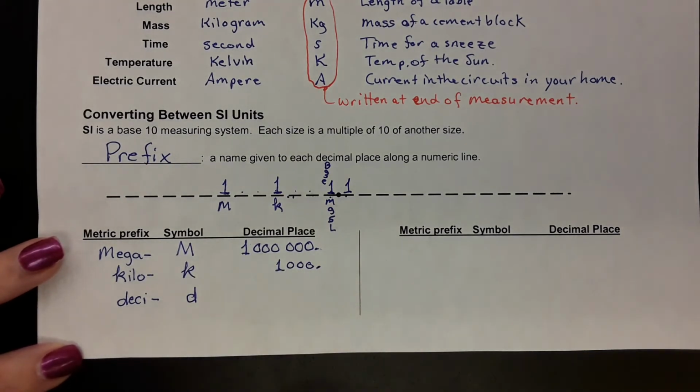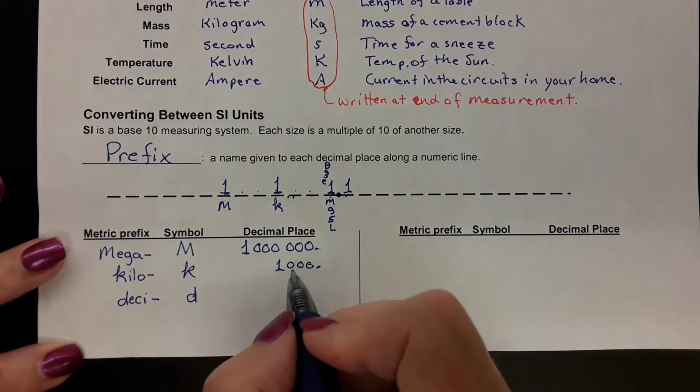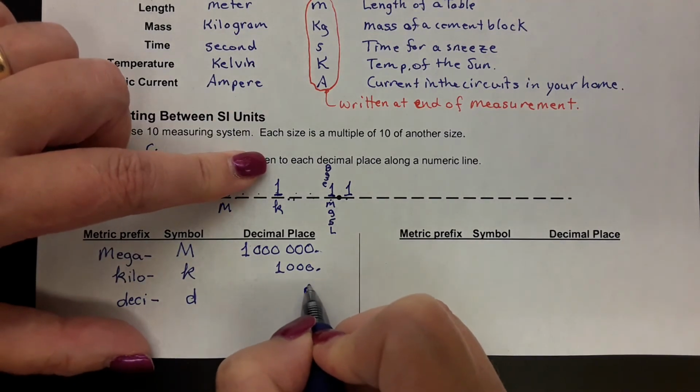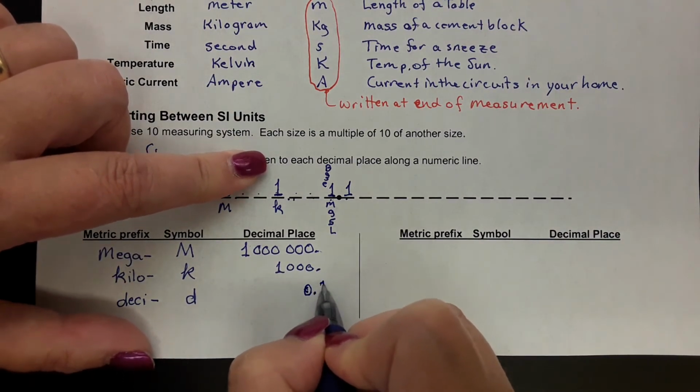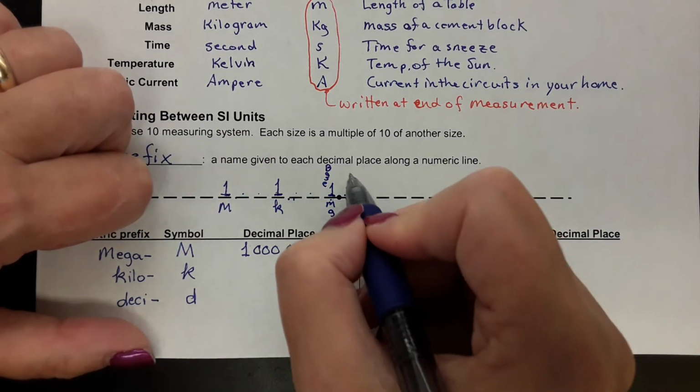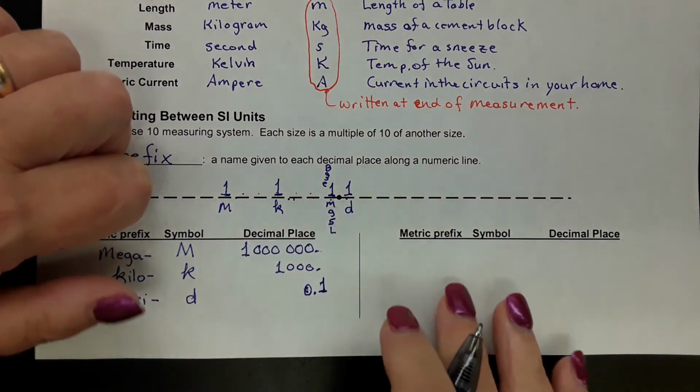So you have that many zeros there. The decimeter, however, is a fraction, so it is 1/10, or let me see if I can write. Hang on. Paper keeps shifting. 0.1. Okay, it's a 10th. So here's the deci.